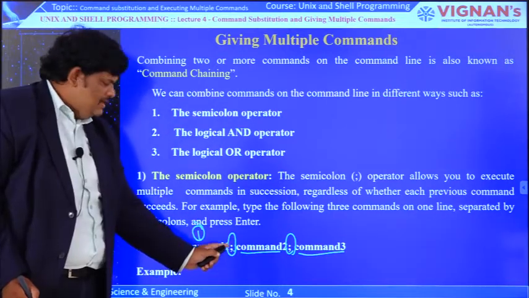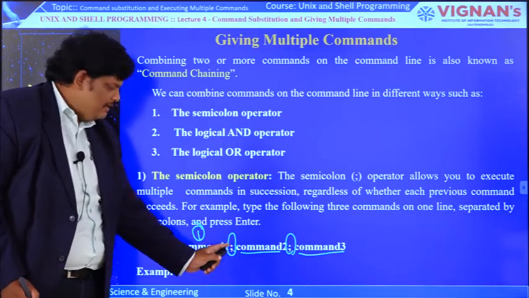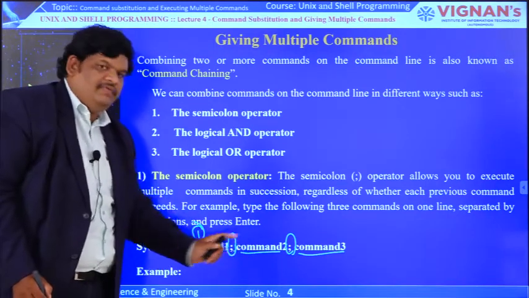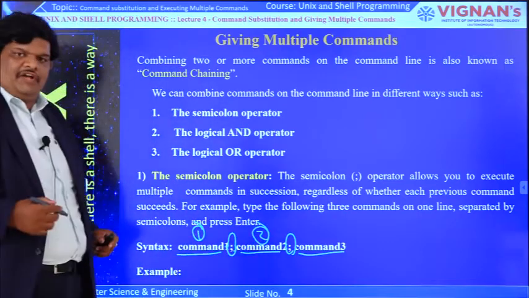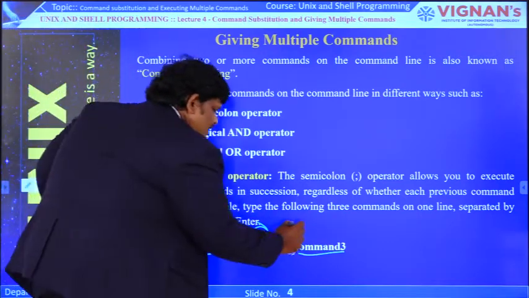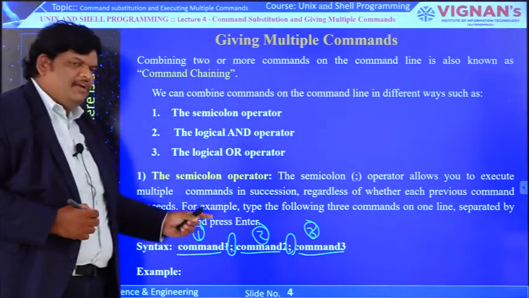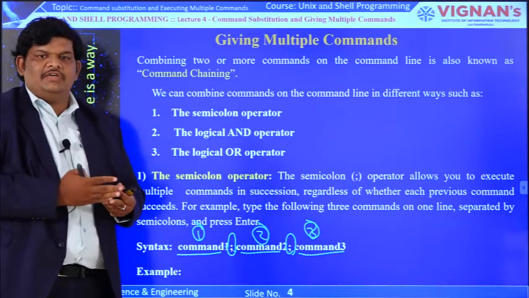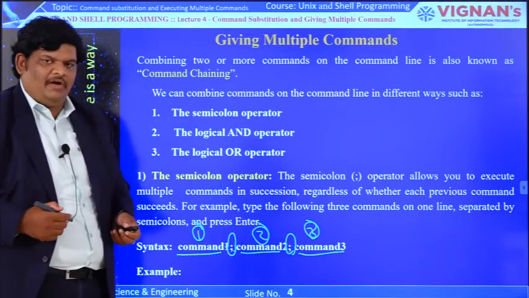The semicolon means a separator operator, that means command 1 is finished here. After completion of command 1, command 2 will execute. After the execution of command 2, command 3 will execute. Like that, with the help of the semicolon operator, we can execute multiple commands at a time. So this is the use of the semicolon operator.